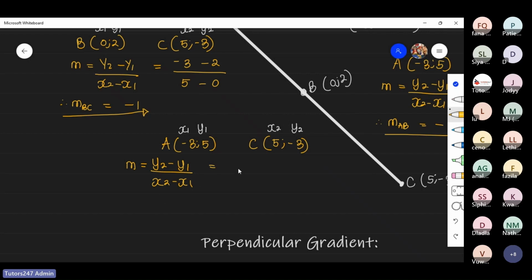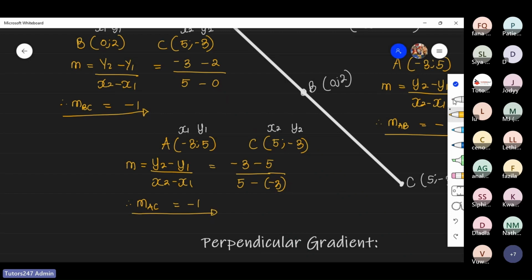My y2 value is negative 3. My y1 value is 5. My x2 value is 5 and my x1 value is negative 3. From here, the gradient of AC, we can put that into our calculator, and that gives us negative 1.